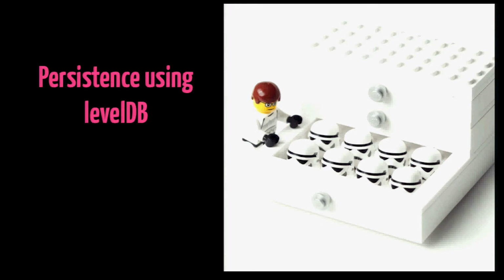LevelDB is kind of the Node.js of databases. It's single-threaded, it's lightning quick, it's a great accompaniment to Node, and it's really easy to set up. You don't have to get your ops guys to set up a MySQL server. You just say, I want LevelDB, and it just works. It's really good.